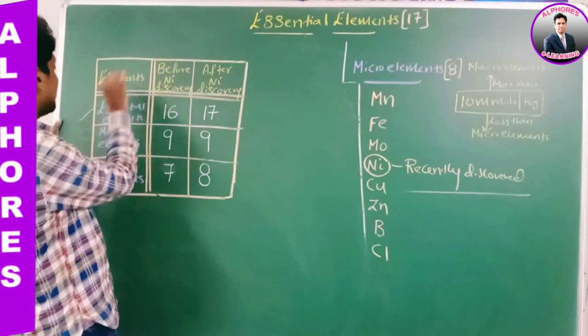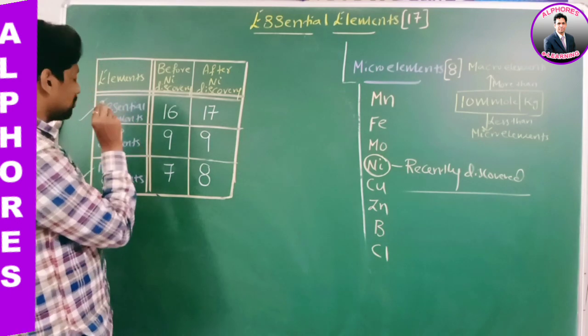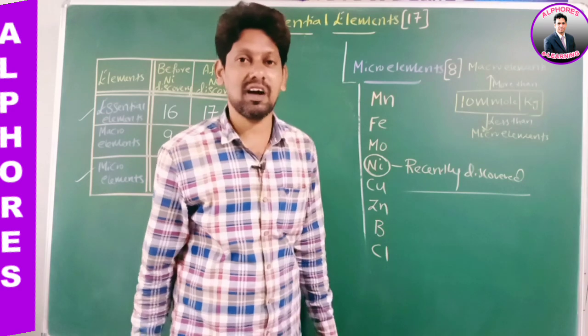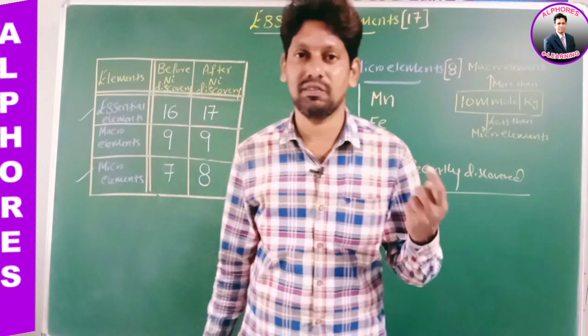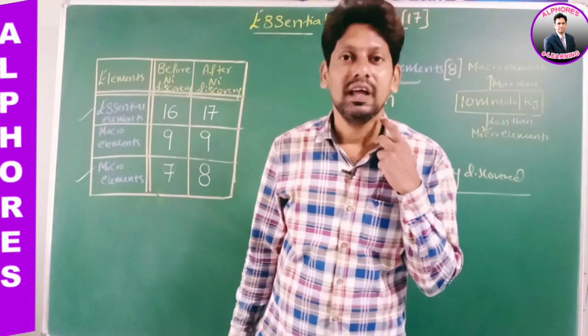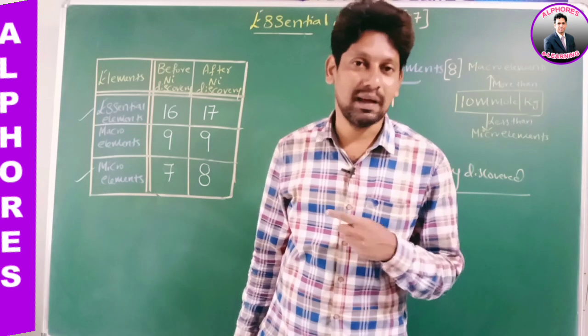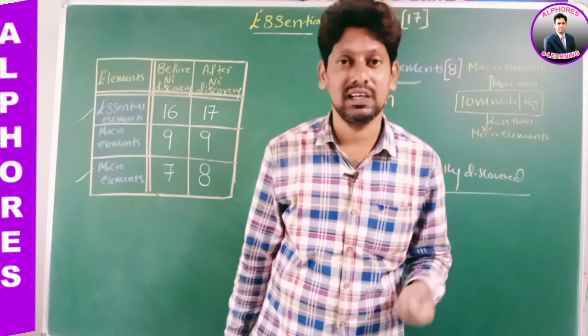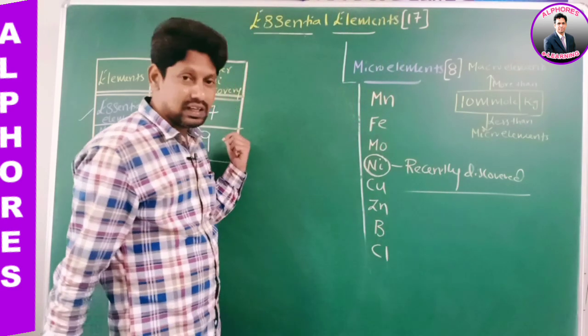Micro elements were 7 before nickel discovery, and after it has become 8. Therefore, the number of essential elements and micro elements changed, but not the number of macro elements. Is this statement clear?